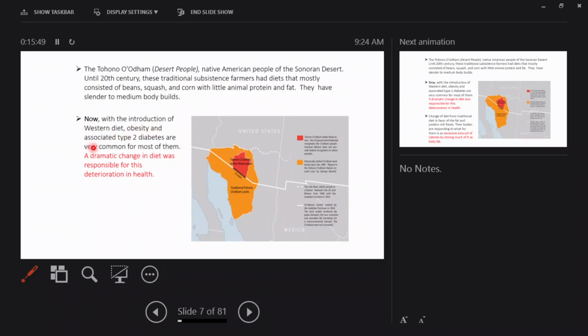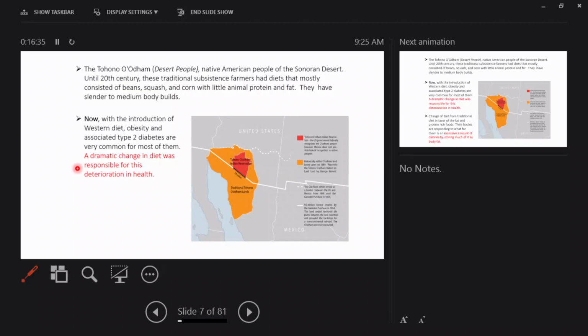Because of this, obesity and type 2 diabetes are very common for most of them. The dramatic change in diet was responsible for this deterioration in health. Can you imagine if you have this thrifty gene and used to eat a plant-based diet such as beans, squash, and corn, and then suddenly, because of modernization, you can access a different type of food.